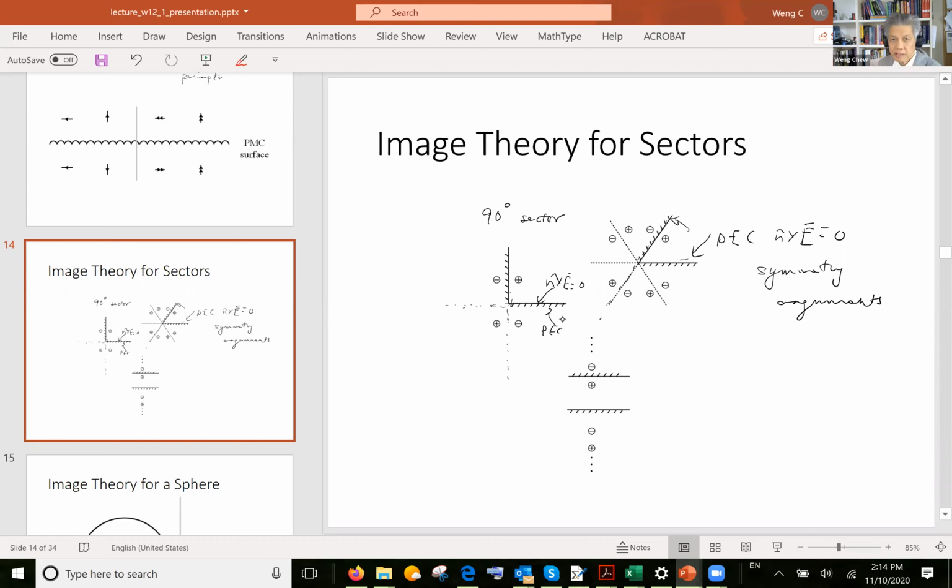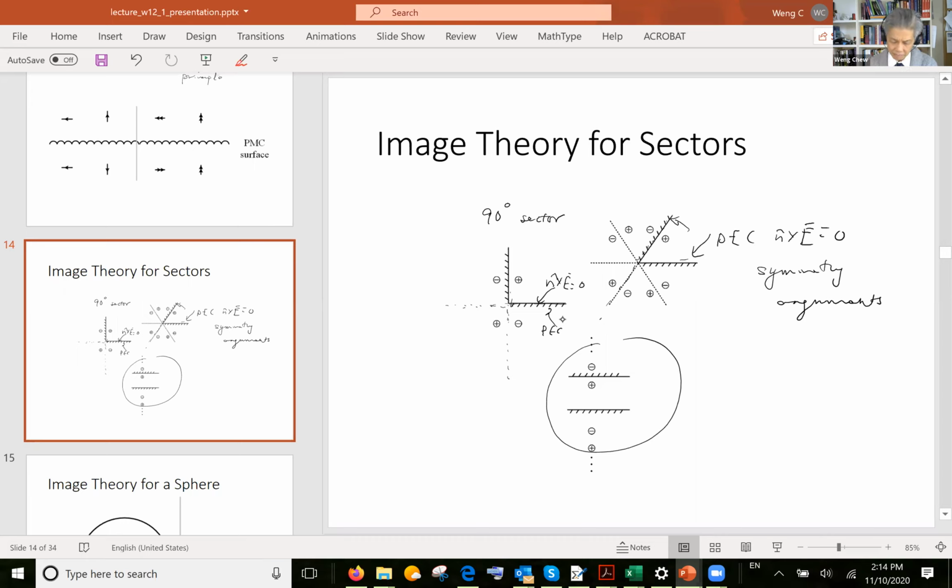Okay. Any questions regarding this image theory for sectors? It's all by symmetry, and also, if you have two parallel mirrors, and you probably have sat in front of a mirror with one parallel to itself behind you, you see infinite images of yourself in the parallel mirror.